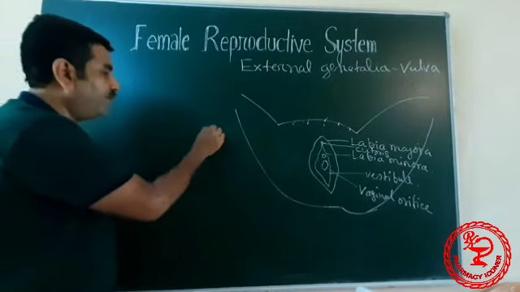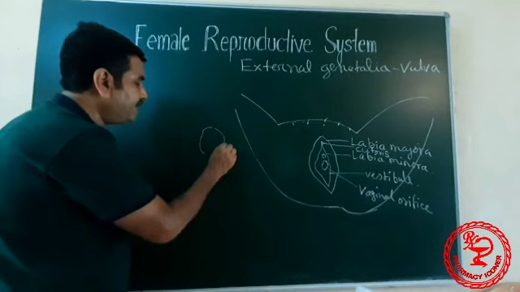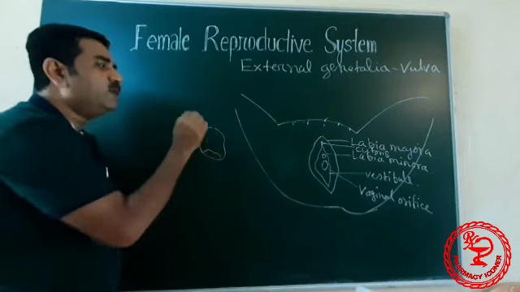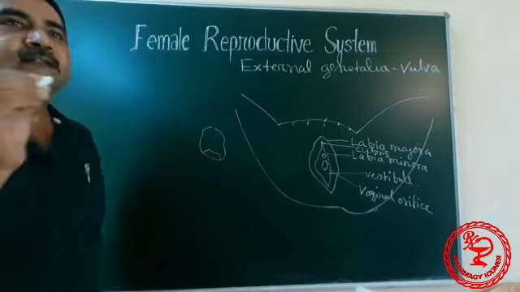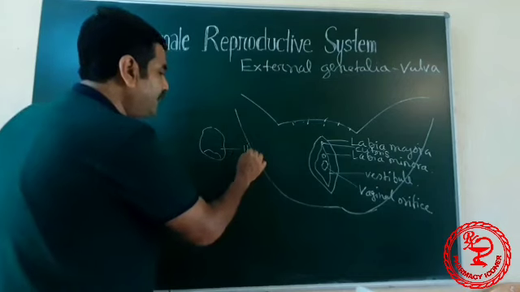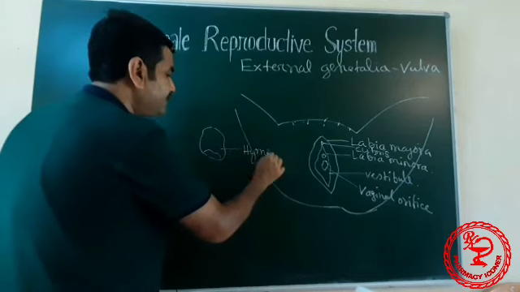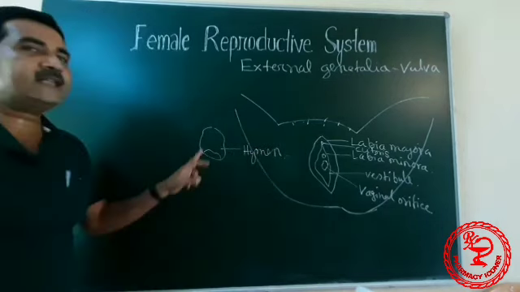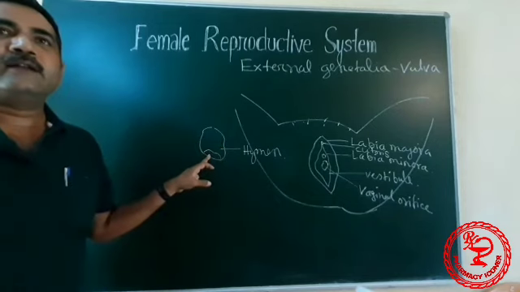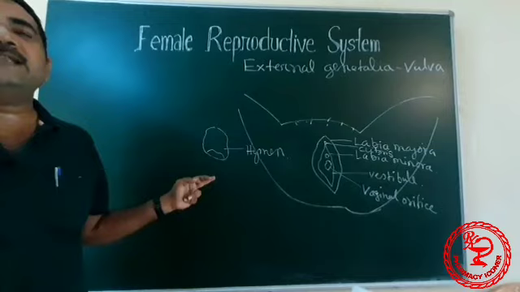In younger women, the vaginal orifice is partially covered with a mucous membrane. That membrane is called hymen. It is partially occluded and partially open to allow the menstrual flow.